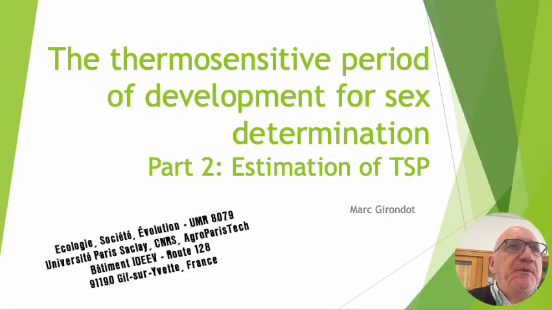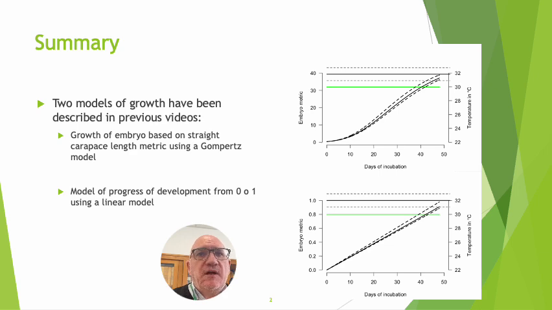We will continue to explore temperature-dependent sex determination, with how to estimate the TSP, the thermosensitive period of development for sex determination. First, let's do a summary of what we have seen previously.